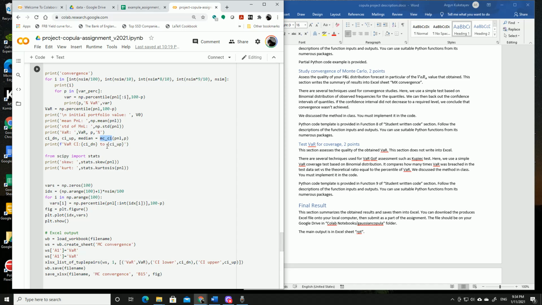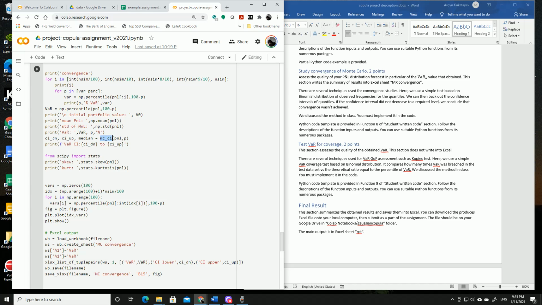It gives us the confidence interval. We're going to use this binomial distribution to produce confidence intervals over a quantile, because as I said, value at risk is nothing more than a quantile of your distribution. Since we got the sample from the distribution, let's say 100,000 simulations of our PNL, using this technique based on the binomial distribution we should be able to produce a confidence interval.